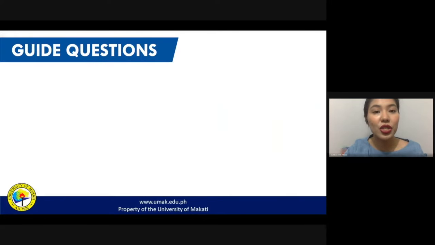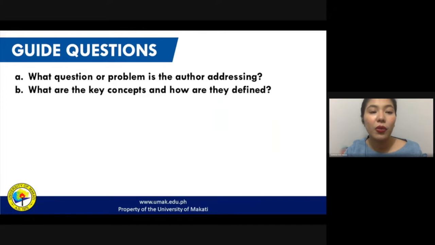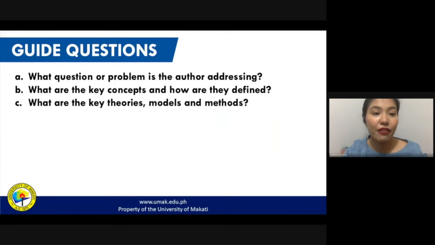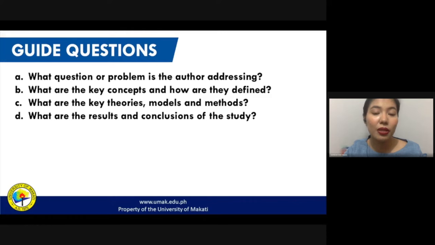So here are some guide questions that could help you identify if the source is credible. What question or problem is the author addressing? What are the key concepts and how are they defined? What are the key theories, models, and methods? What are the results and conclusions of the study?